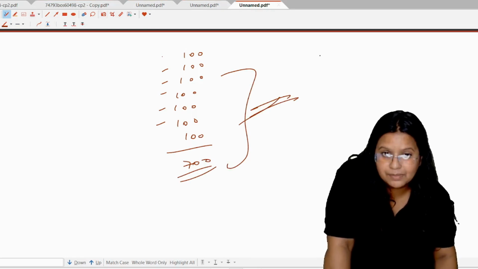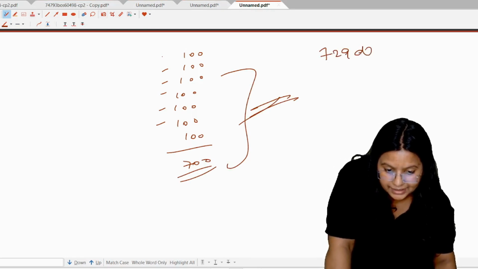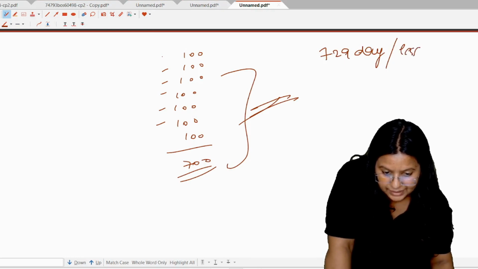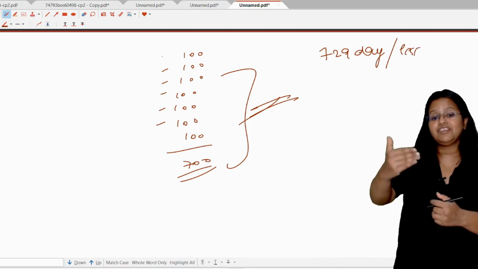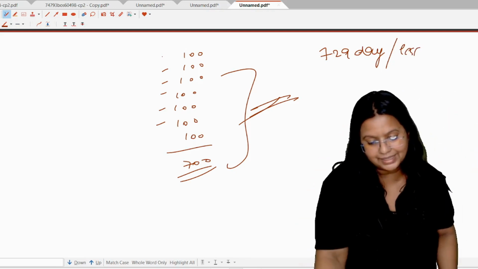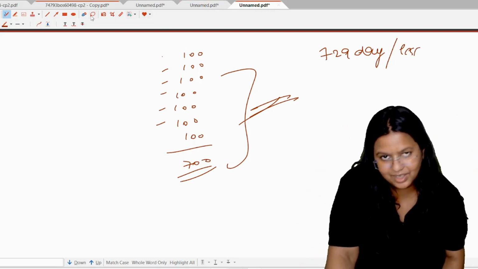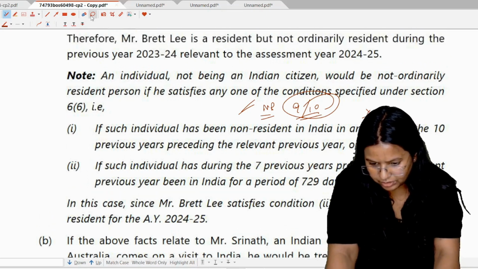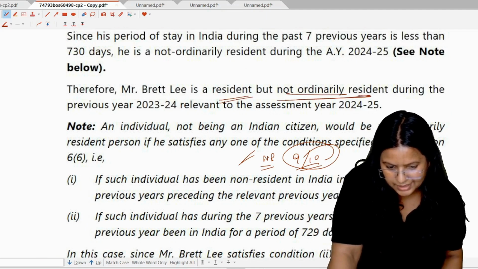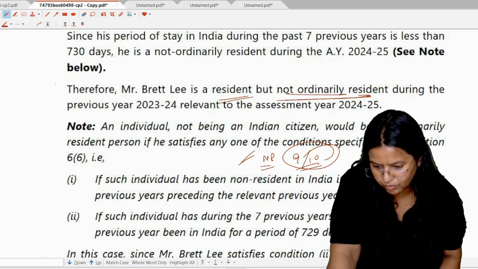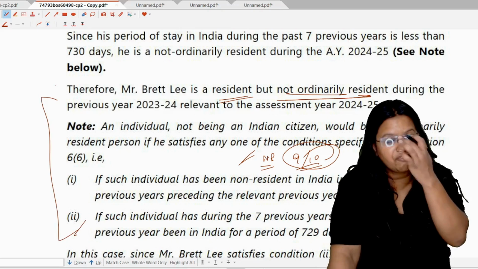Because he must be in India for 729 days or less than 729 days. So yeah, he was in India for 700 days, that is less than 729 days. So that person, Mr. Brett Lee, becomes an NOR in India. Is this clear to all of you? Okay, so Mr. Brett Lee is a resident, but not ordinarily resident. You have to write these kind of notes in the examination. It will give you very good marks.